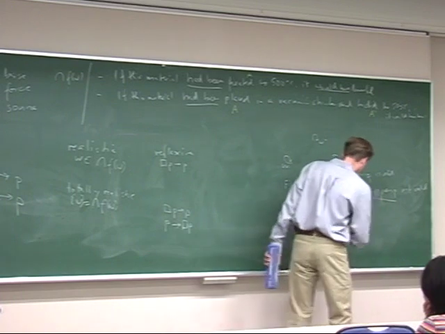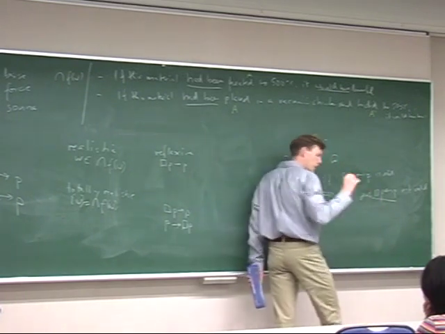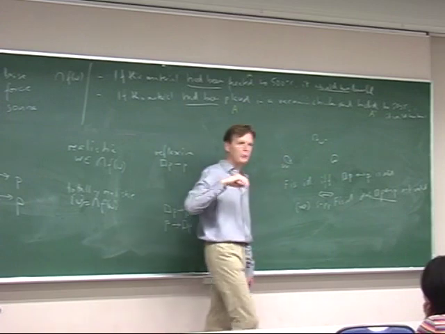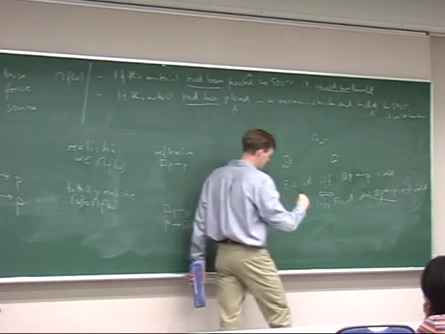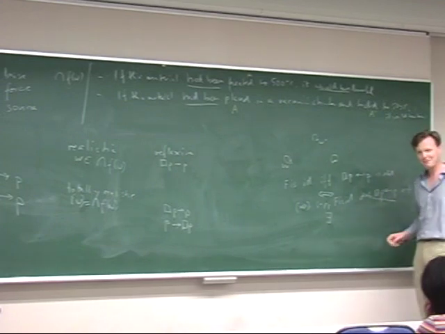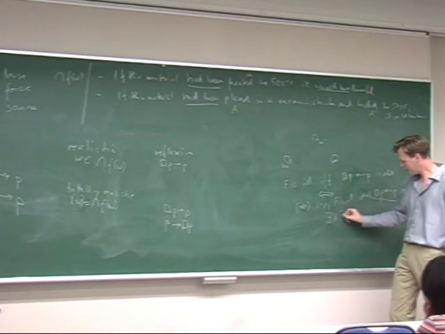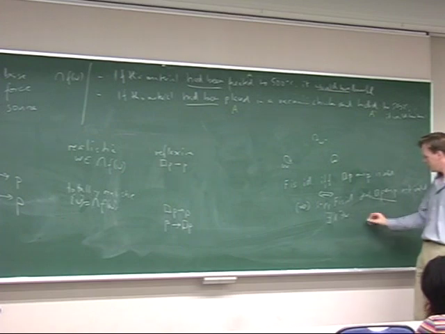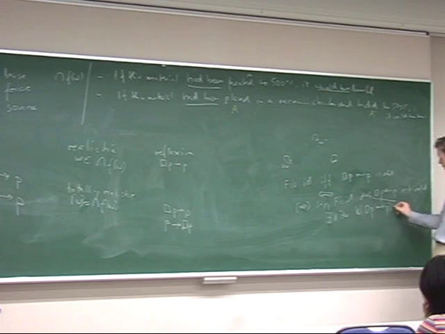Okay, so let's see. That means there is some V and some world W, such that V of W of this conditional is false.